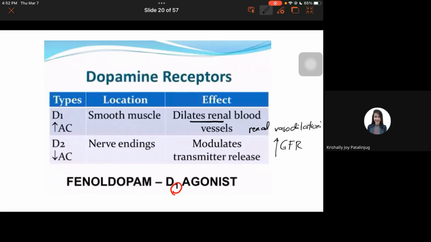So kung enhance yung glomerular filtration rate, therefore enhancing diuresis. So yan yung effect ng dopamine 1 agonist. A good example is yung fenoldopam. Yan yung isa sa pinaka-common example ng dopamine 1 agonist. So kindly take note of its effect.